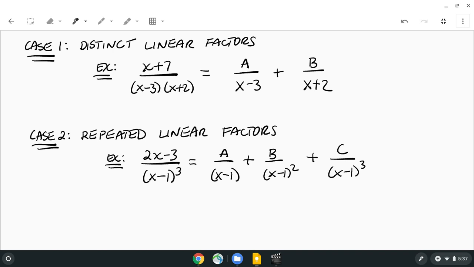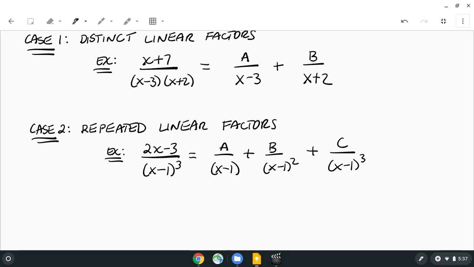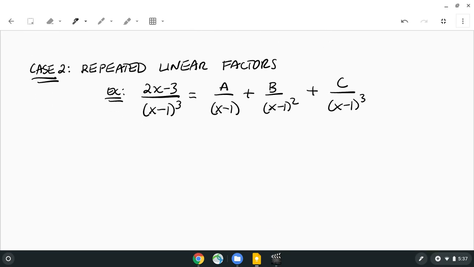So you have one for every level up to that highest power. That's how you would set up that one, one for each level until you get to power 3.